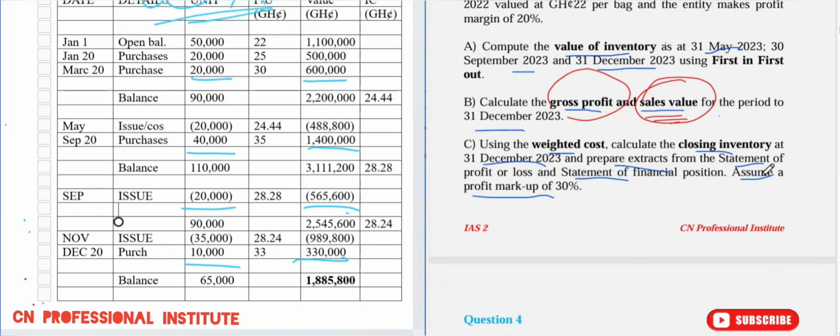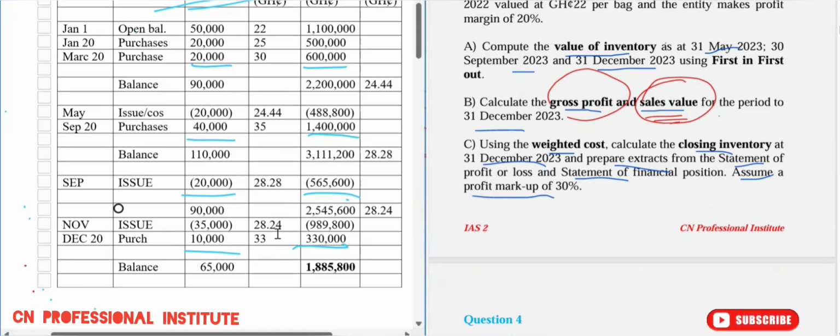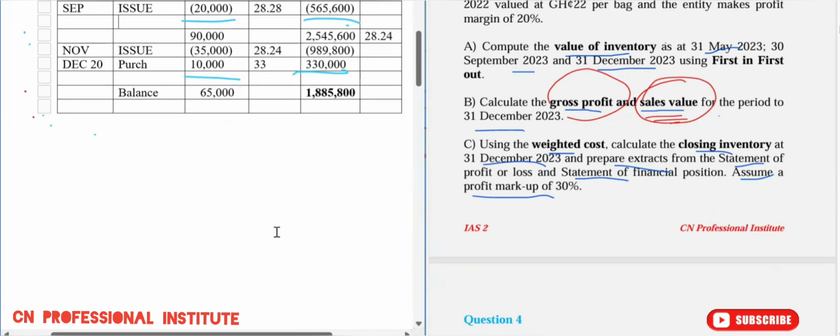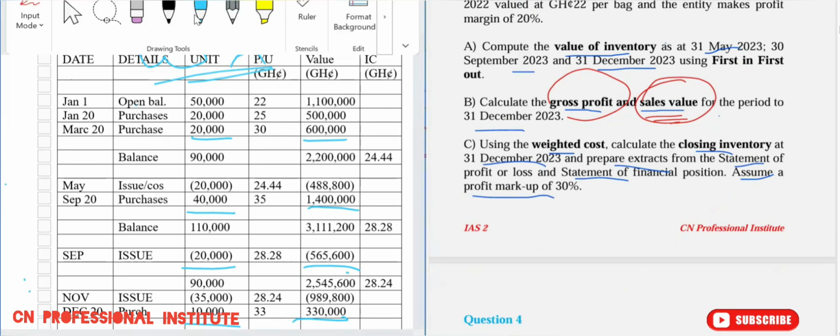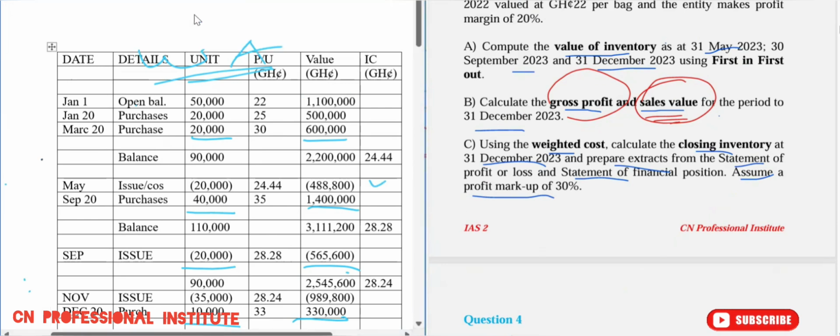This time they've given us a markup. So as we've been doing, for my cost of sales, I'm just going to add these figures, the issues, or you can use the other method to get the same answer.